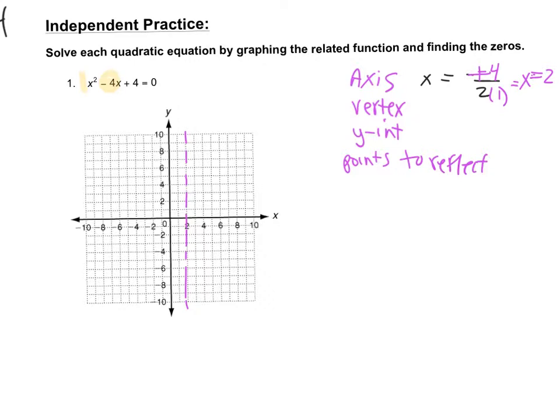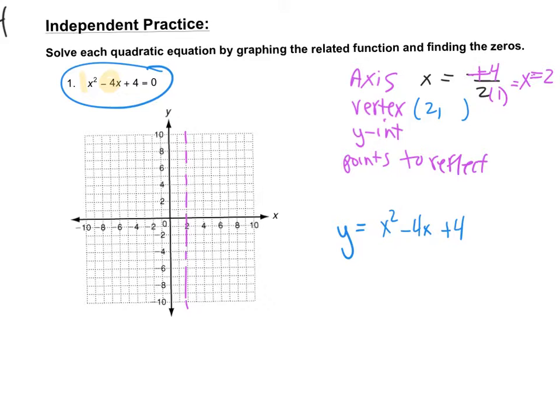It is going to guide me to finding the vertex, because I know my vertex must be (2, something). Well, that's when you change this equation into y equals instead of 0 equals. Y equals x squared minus 4x plus 4.